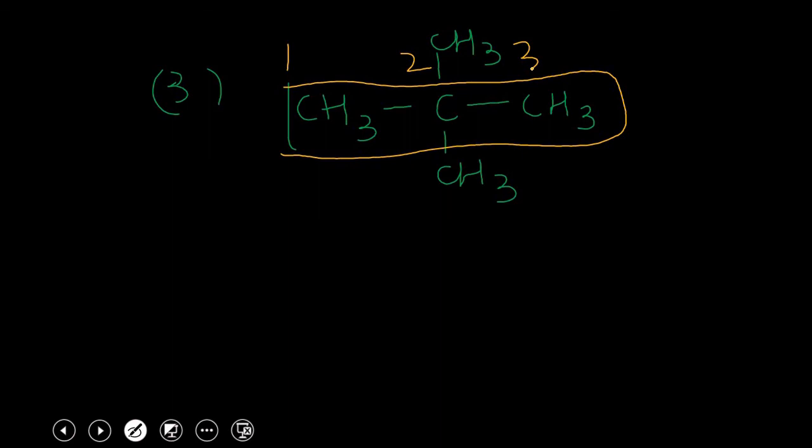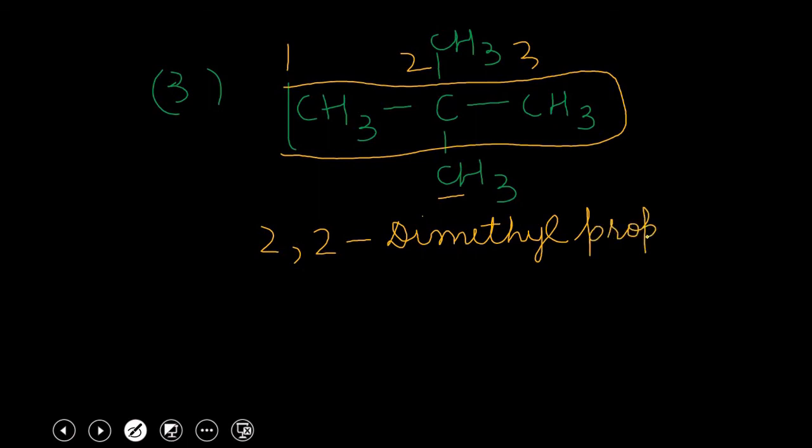And the second carbon atom has a methyl group, but 2 methyl groups are there, so we will use 2, comma 2, then put a dash here. Then as 2 methyl groups are there, we will write dimethyl, 2,2-dimethyl. For 3 carbon atoms, we will use the word propane, 2,2-dimethylpropane. So this is the IUPAC name, children.